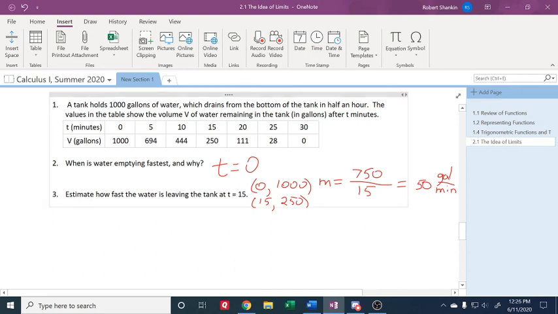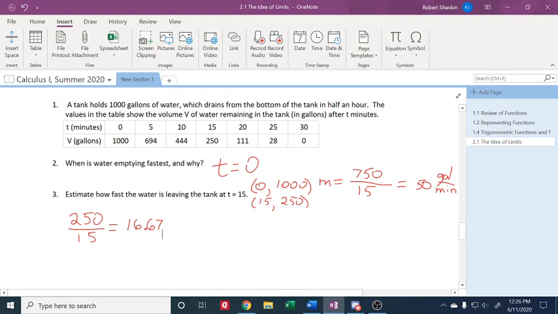Okay. All right. Now, let's look at that last suggestion. If you took 250 divided by the 15, what does that give you? That gives you 16.66 gallons per minute. 16.67. All right.